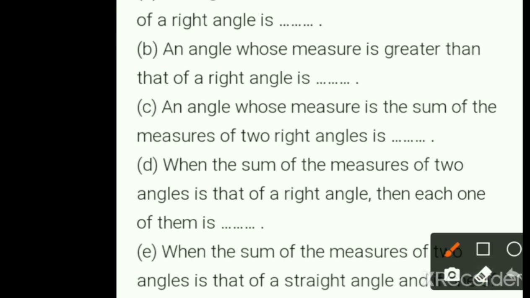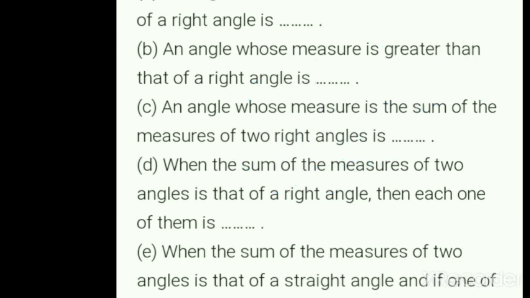For example, I am taking one angle as 30 degree and the other angle as 60 degree. When you add them, if you are getting 90 degree, then what can you say about each angle? Each angle is an acute angle. Yes or no? So the answer is acute.